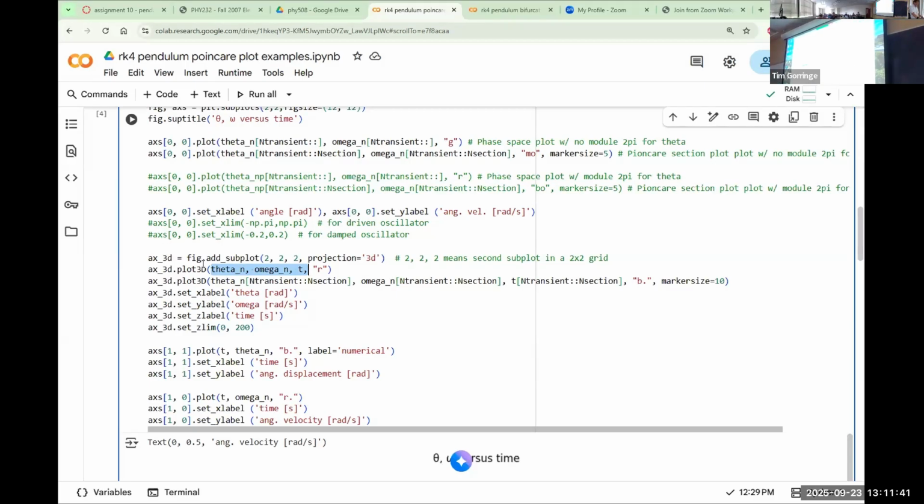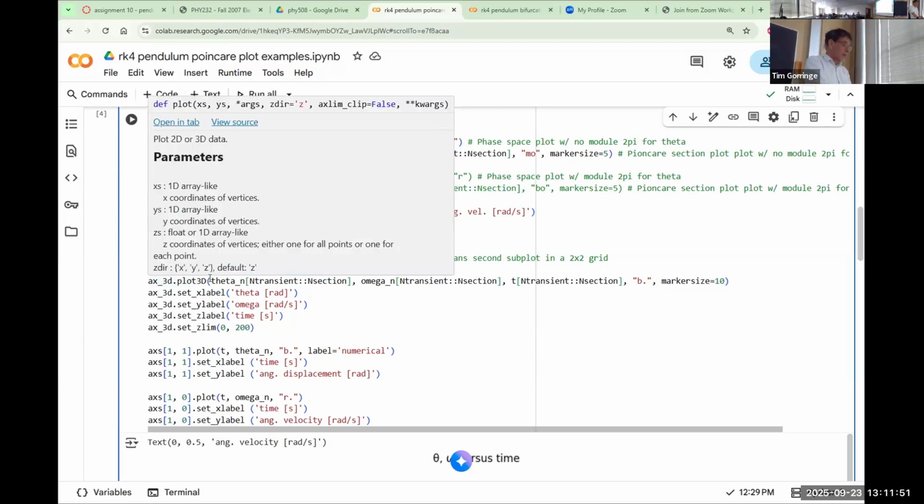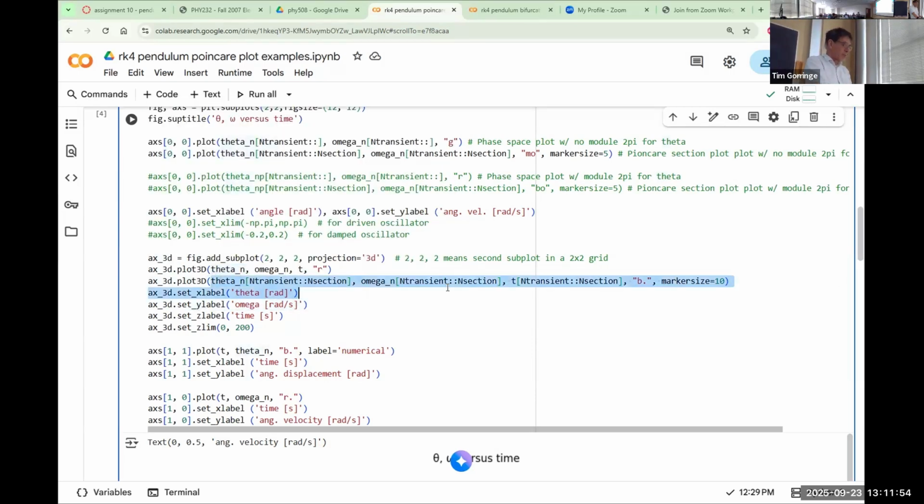And that's true for the phase space diagram, where I didn't just plot stroboscopically the phase space points. The Poincare section version is this region here. It's the same variables, theta and omega versus time, but now I'm applying the transient cut, and I'm also only plotting points every n section points, where n section is the natural period.